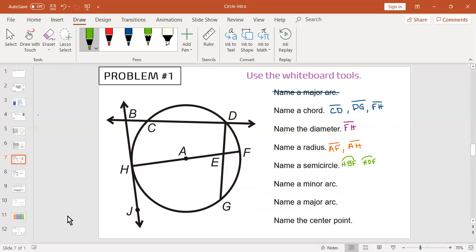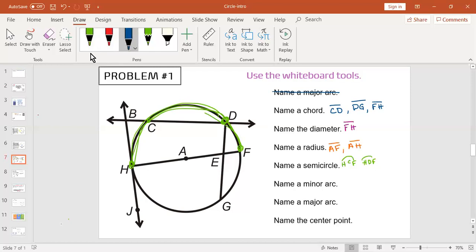You don't have to use more than three. So I've used B, and B isn't even on the circle. Let's say C, because C is the point on the circle. So arc HCF would be this, very badly drawn, semicircle. But again, it's the same thing as arc HDF. It's still the same semicircle. So it has two different names. Again, you can switch the letters around and be okay with that.